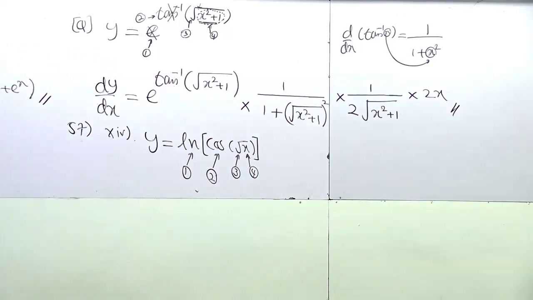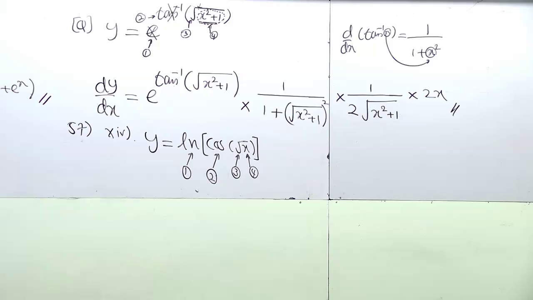Right, keep differentiating this. Start. What is the derivative of ln x? 1 over x.